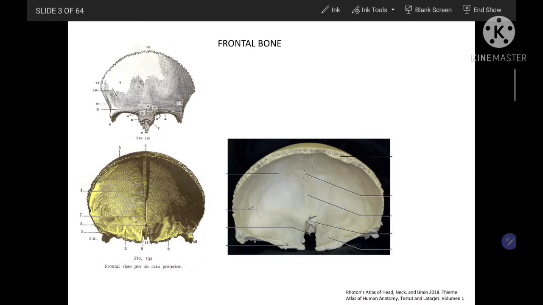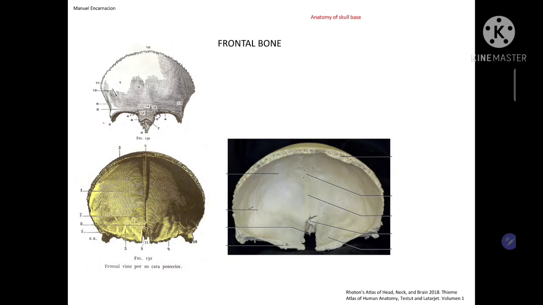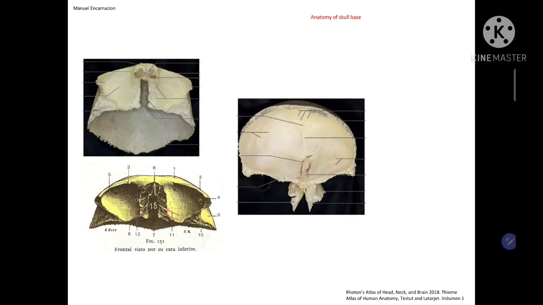So now we're gonna talk about the orbitonasal portion. So the surface represents the superior wall of the orbit. You see it here, and also here.